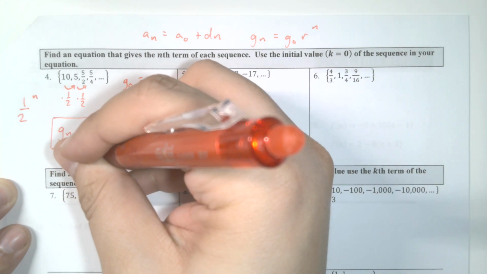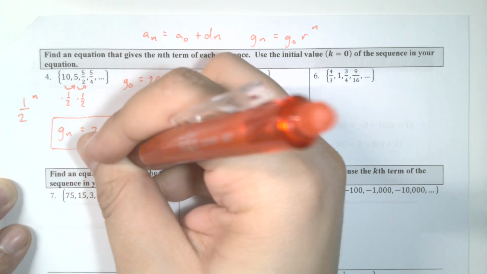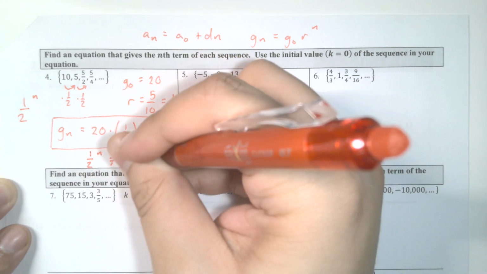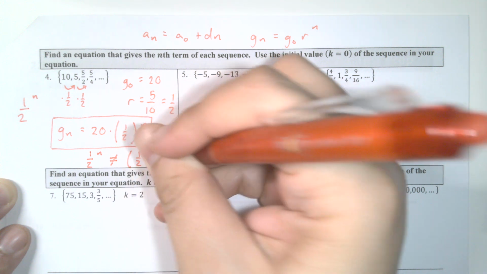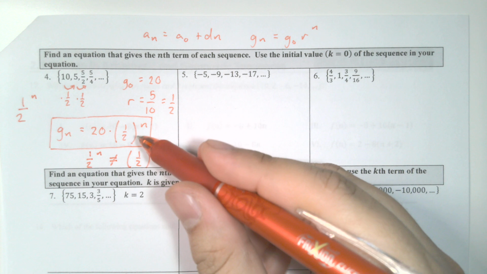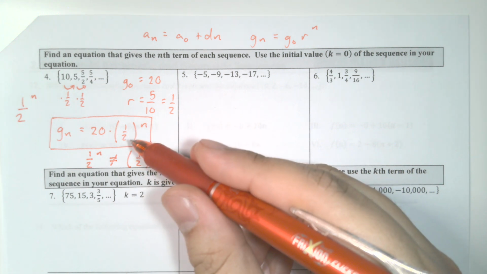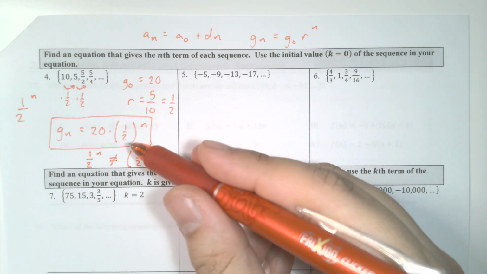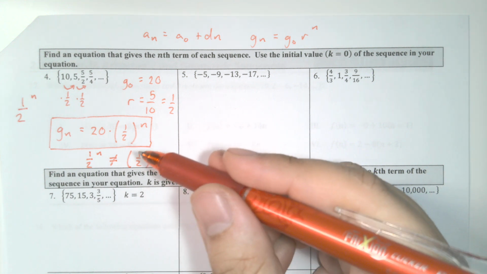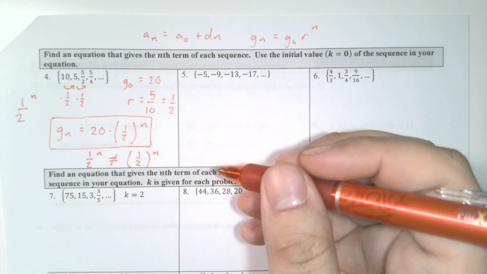So I'm going to write a little note here that 1 divided by 2 to the power of n is not the same thing as 1 over 2 all to the power of n. So anytime you have a fraction, just be careful with that. Put that in parentheses. That way we know that this n distributes to that 2 there. So just be mindful of that.